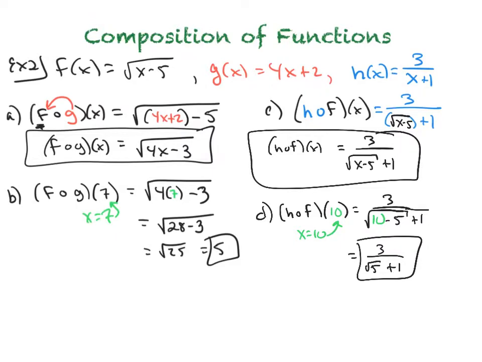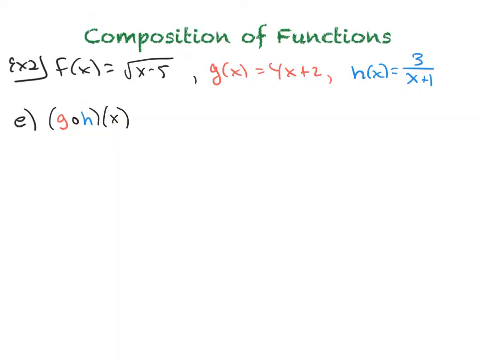Okay, let's try a couple more with these. So here, let's do g of h of x. Now, as you've been watching, order really matters. So starting with my first function g of x, which is 4x plus 2, I'm going to put 4 parentheses plus 2.